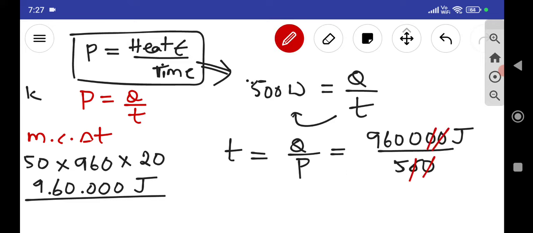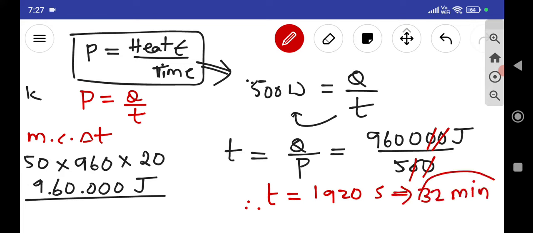So upon calculation, finally T we got 1920 second, and in minute you have to convert it and write it as 32 minute. You know very well, divided by 60 will give you in minute. Hope you have understood question number 6.